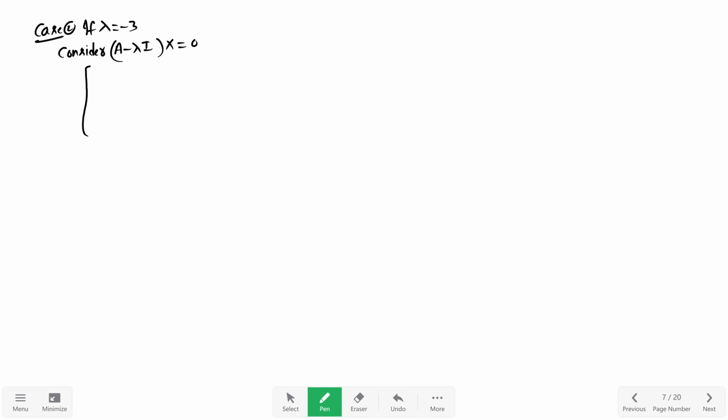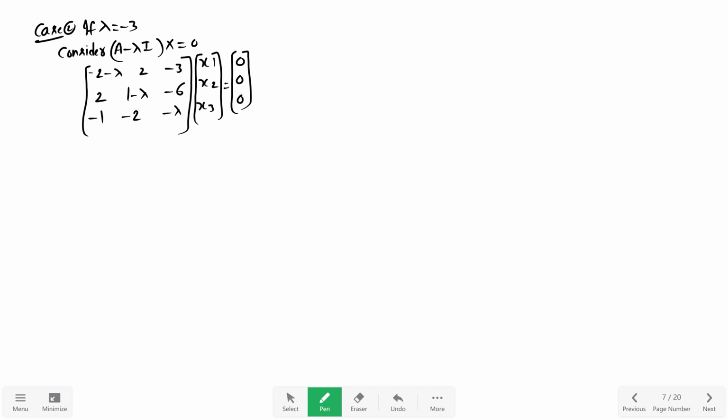So the matrix is: first row minus 2 minus lambda, 2, minus 3; second row 2, 1 minus lambda, minus 6; third row minus 1, minus 2, minus lambda; times the column of unknowns x1, x2, x3, equal to 0, 0, 0.